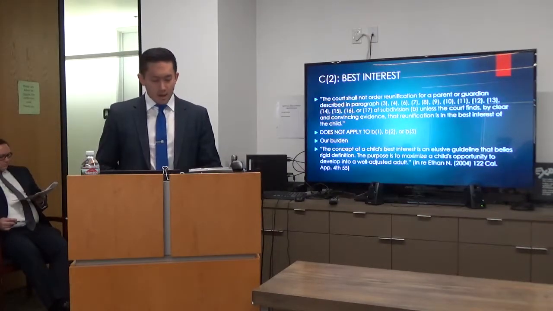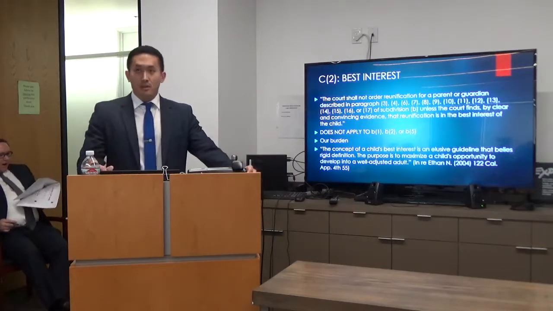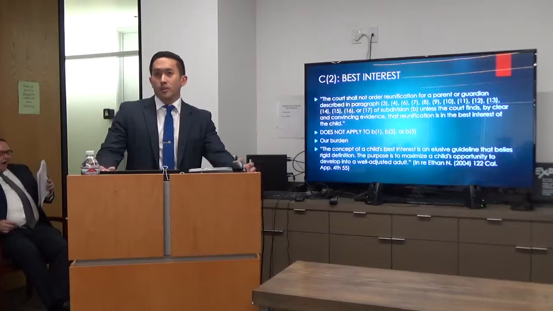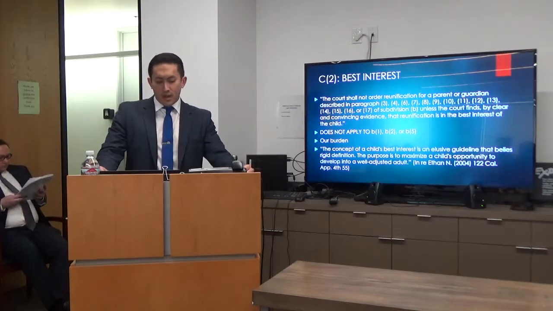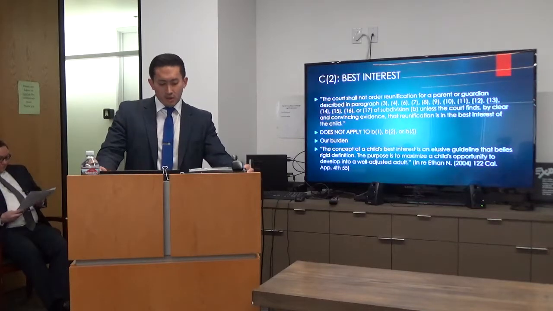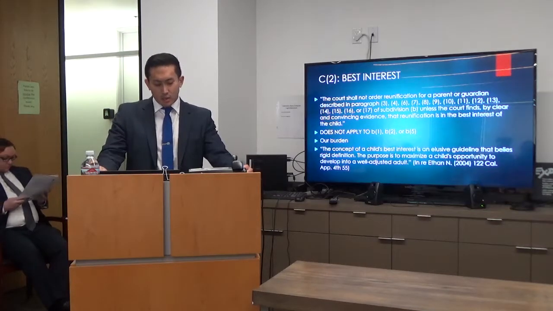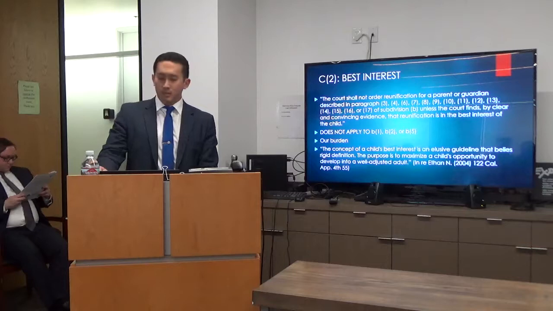It is our burden, and I actually really like this line from In re Ethan N. that tries to define what the best interest is. "The concept of a child's best interest is an elusive guideline that belies rigid definition. The purpose is to maximize a child's opportunity to develop into a well-adjusted adult."